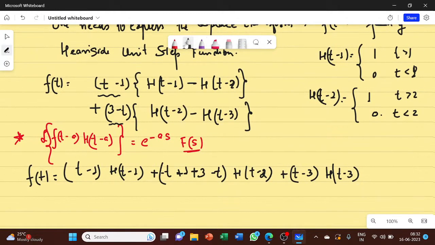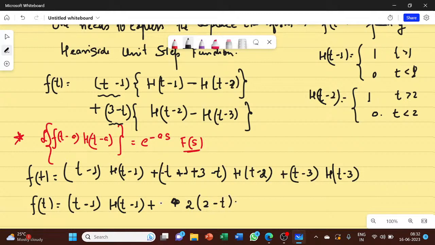Now I'll write my function f of t completely, which is equal to t minus 1 into h of t minus 1, plus, here you see 3 plus 1 is 4, minus 2t, so I'll take 2 common, it will be 2 into 2 minus t, or I'll take a negative also here.